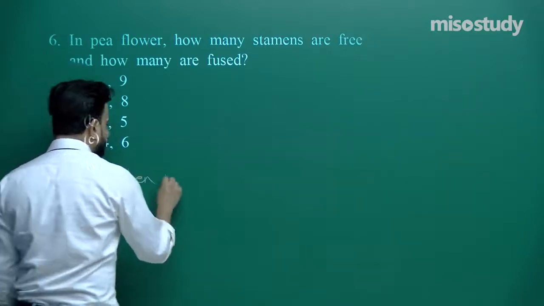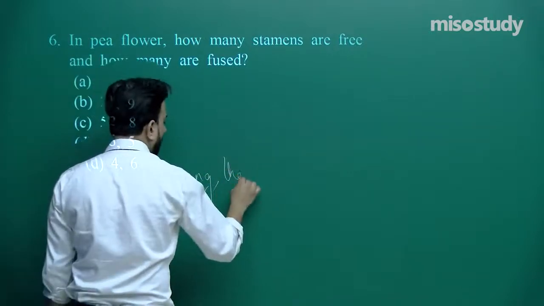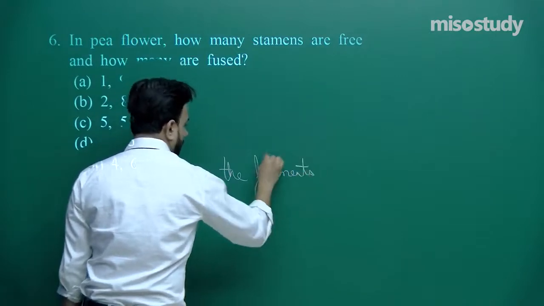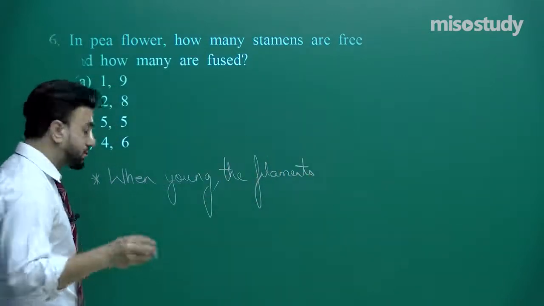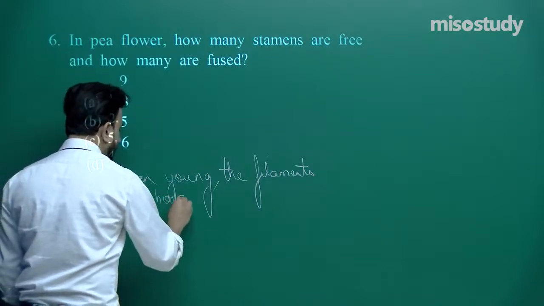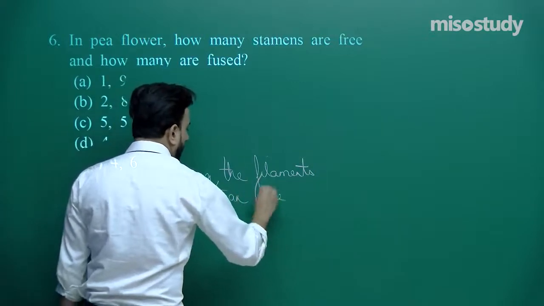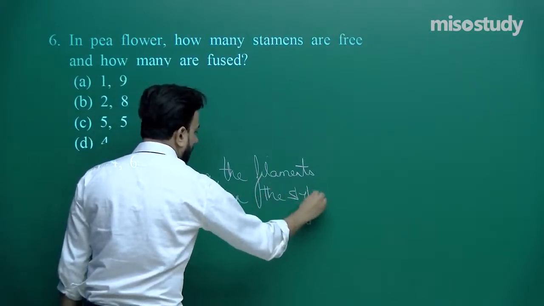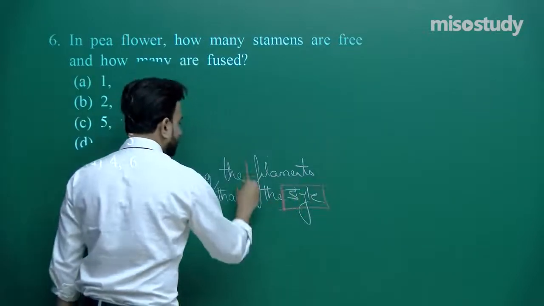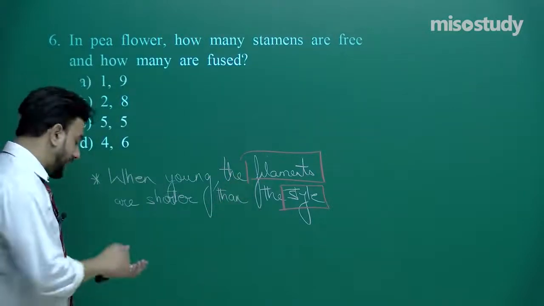When young, the filaments are shorter than the style.